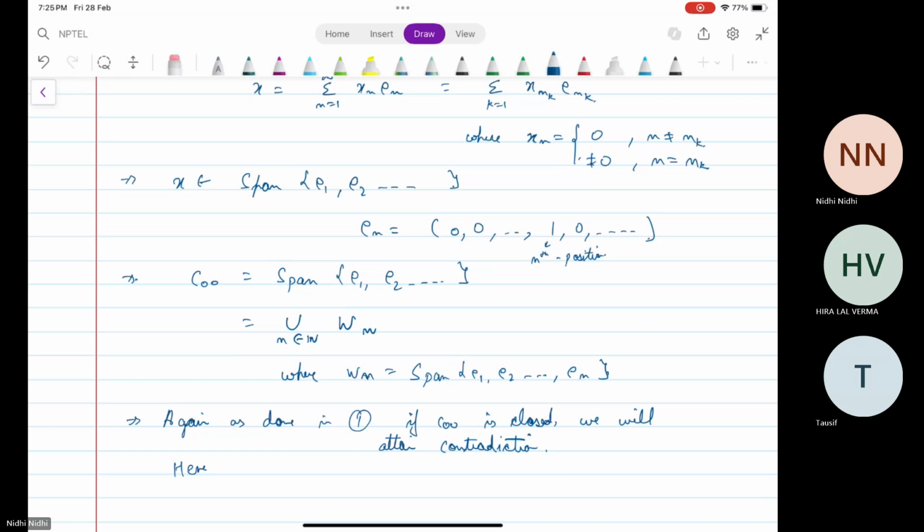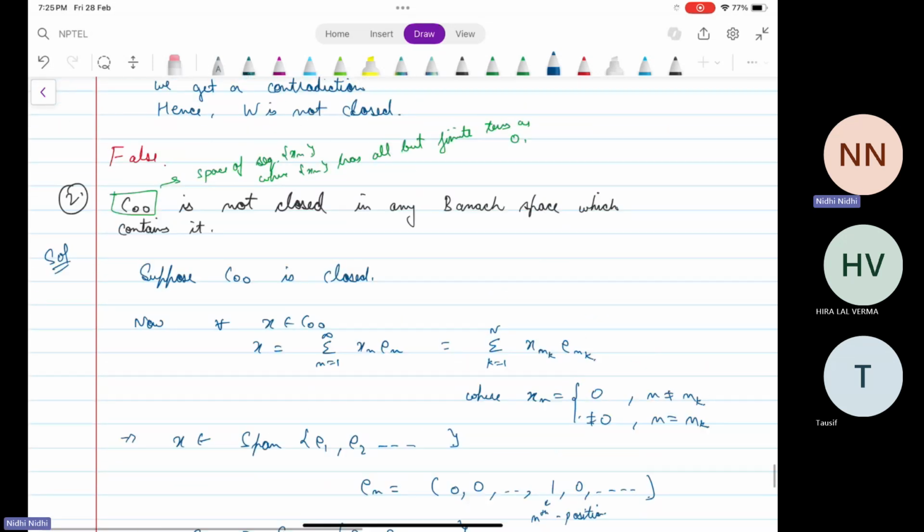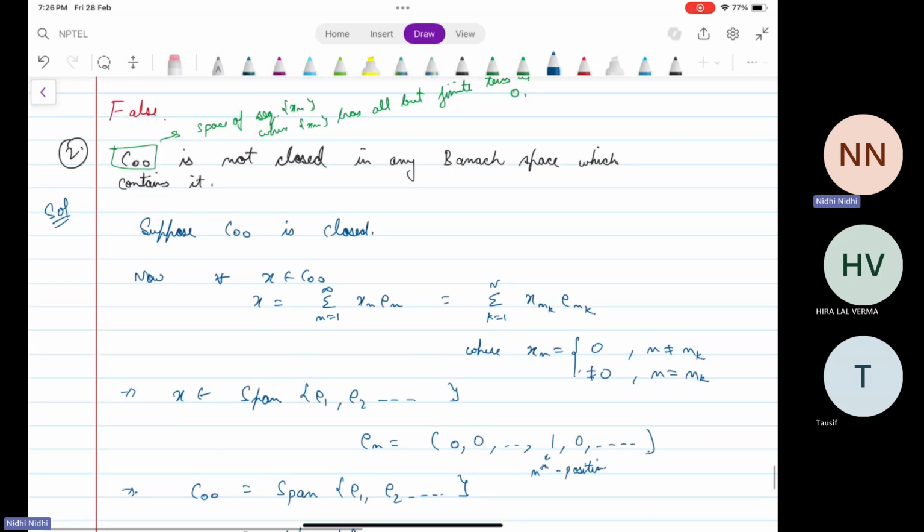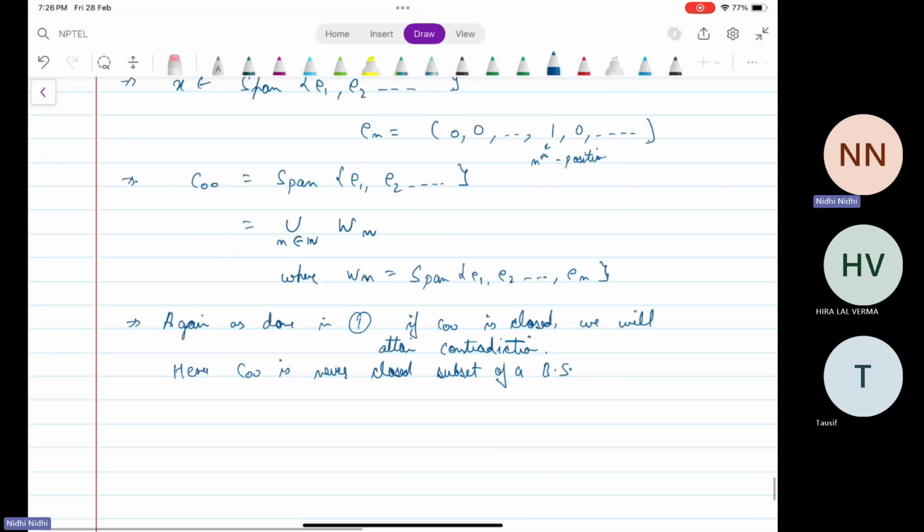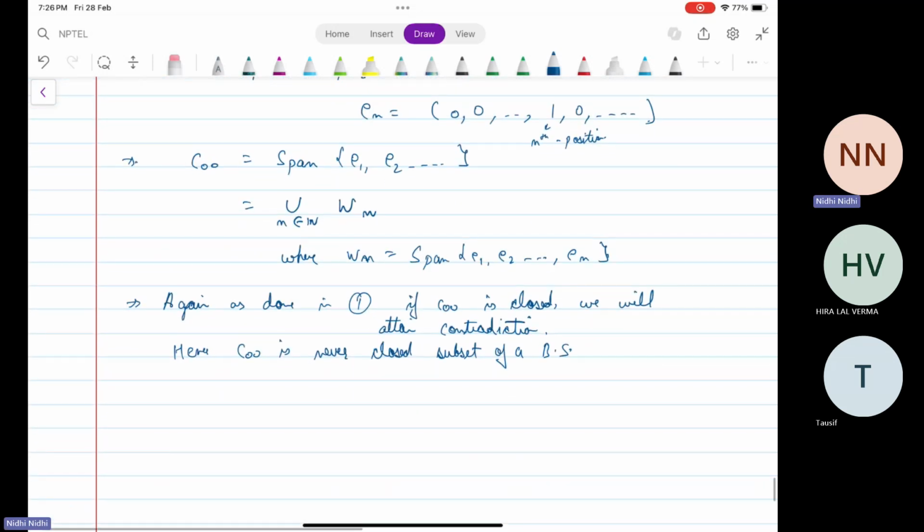Hence, c00 is never a closed subset of a Banach space. This Banach space is important because a closed subset of a Banach space is complete, and then only we can use the procedure that we did in part A, first question. So therefore, c00 is never a closed subset of a Banach space. Hence, the given statement is true.